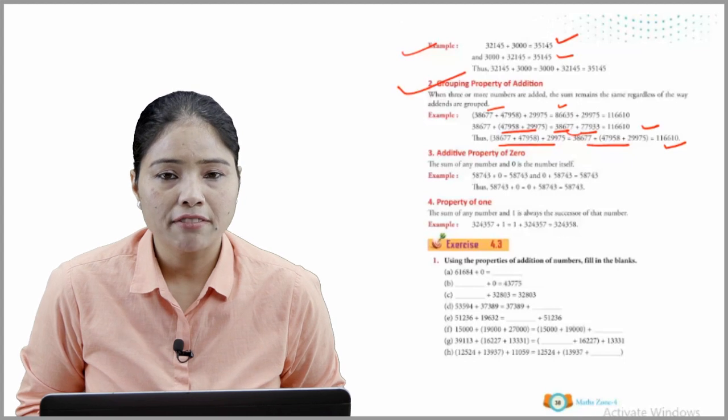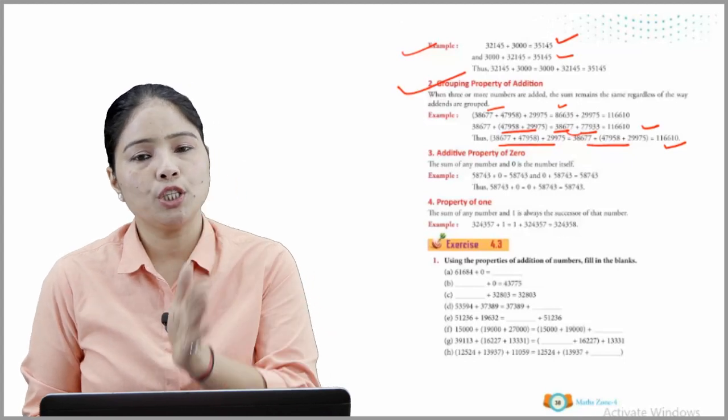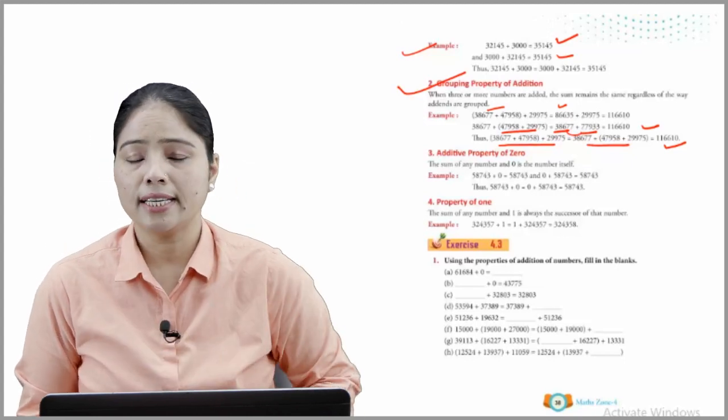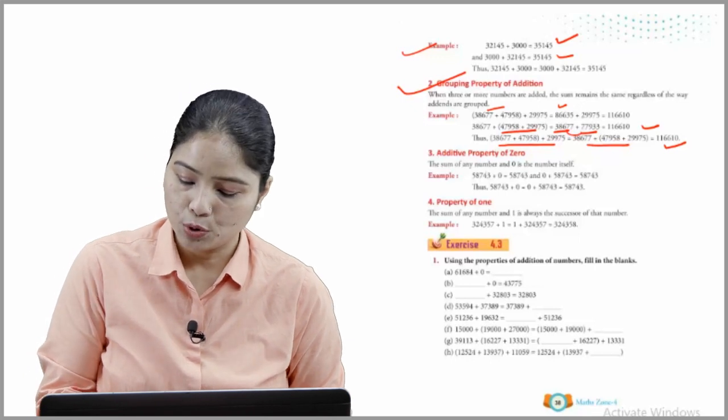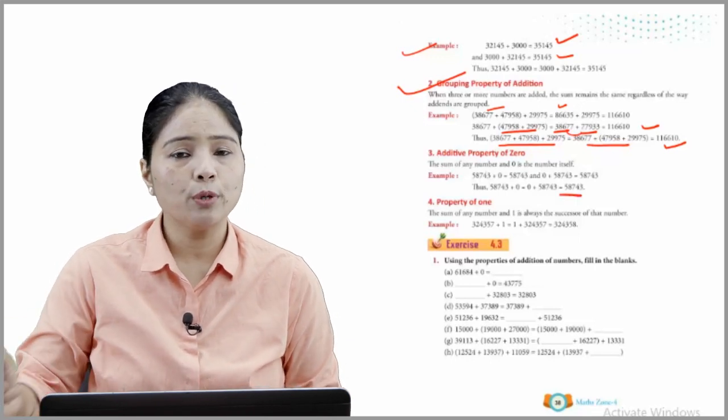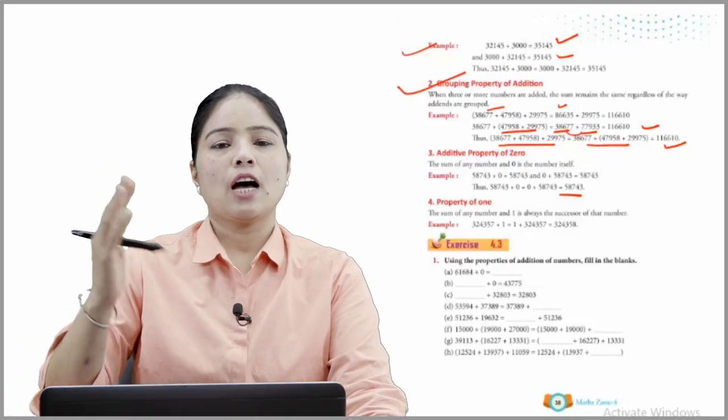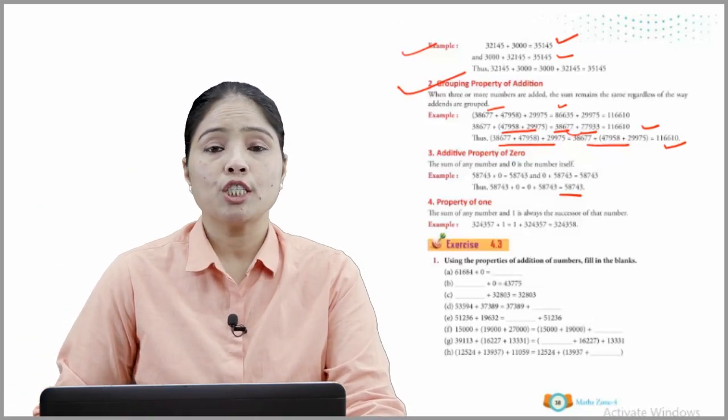Thus 58743 plus 0 is equal to 0 plus 58743 is equal to 58743. Okay, I hope you understood the 0 property. Now fourth property, which is property of 1.